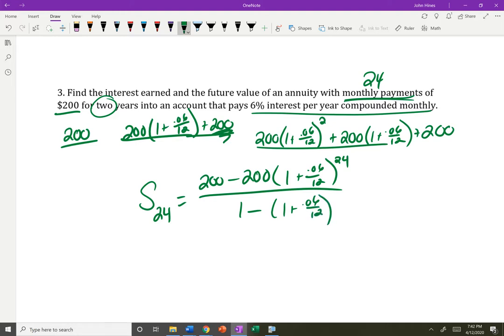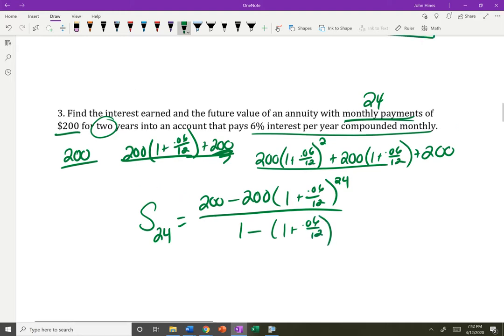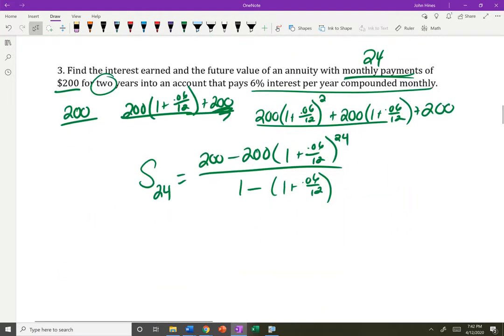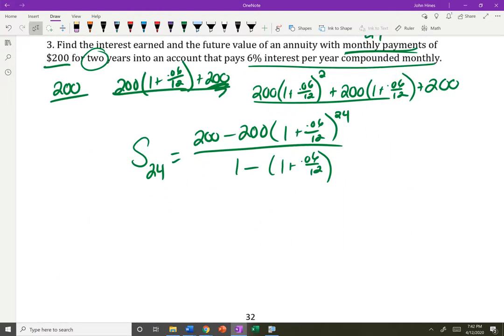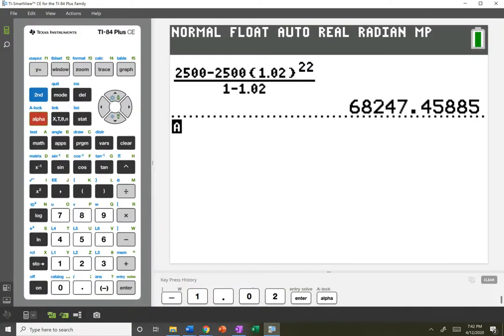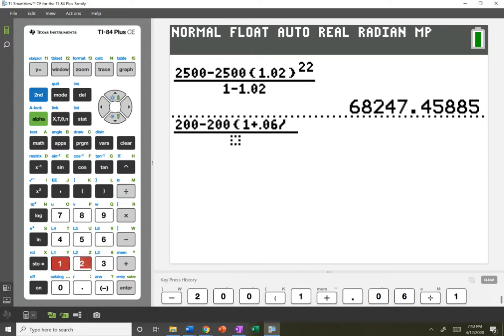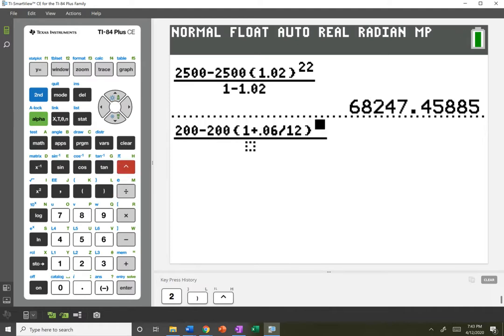So that's what I need to type in my calculator. Above, I just had a simplified formula, but I want you practicing using this geometric series formula here. So let's see what we got. We've got alpha y equals, enter, 200 minus 200 parentheses, 1 plus 0.06 divided by 12, close it. 24 months went by, 1 minus parentheses 1 plus 0.06 divided by 12.